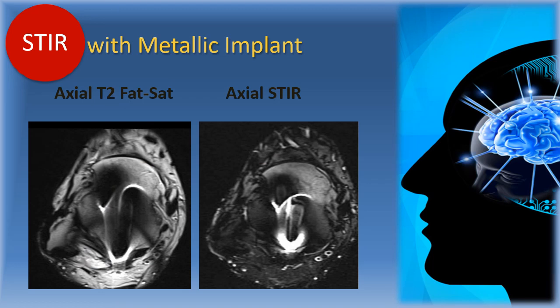This is another example showing the ability of a STIR image to suppress the fat even in the presence of a metallic implant. We have an axial image at the level of the ankle joint with metallic implants on the T2 fat-set technique.